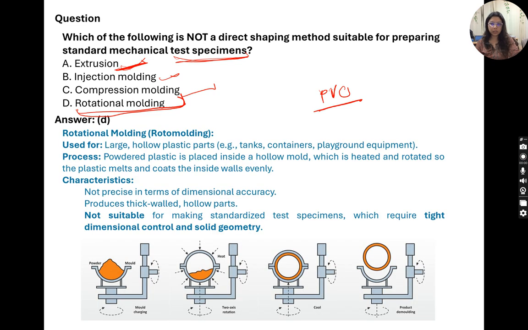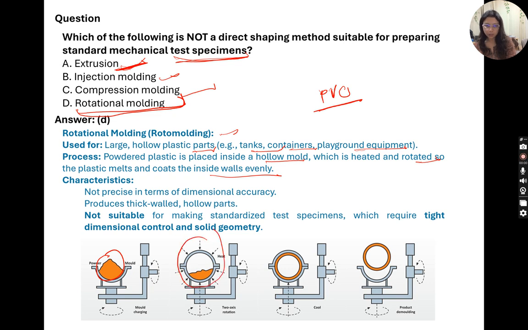Rotational molding, which we can also call roto molding, is used for large hollow plastic parts such as tanks, containers, and playground equipment. In this case, powder plastic is placed inside a hollow mold, which is heated and rotated so that the plastic melts and coats the inside walls. If you look at this instrument, this is a powder we put in the mold, a circular mold like this.